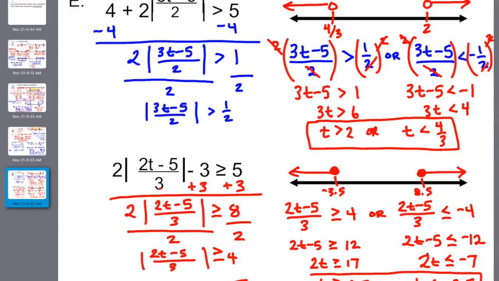So nothing crazy happening. Sorry to disappoint. So our solution could be anything less than or equal to negative 3.5 or anything greater than or equal to 8.5.